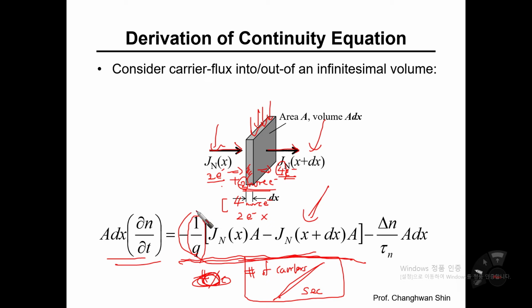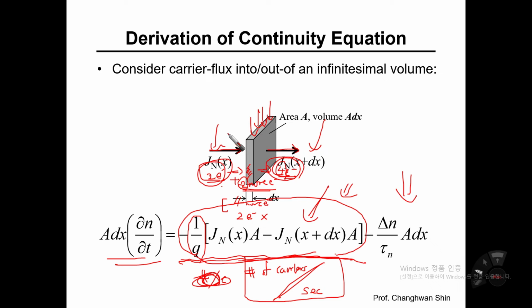The first term only indicates how many carriers are varied, 2e and 4e. But this first term cannot explain some more hidden events happening within this infinitesimal volume. So herein, the author has provided one case, recombination.